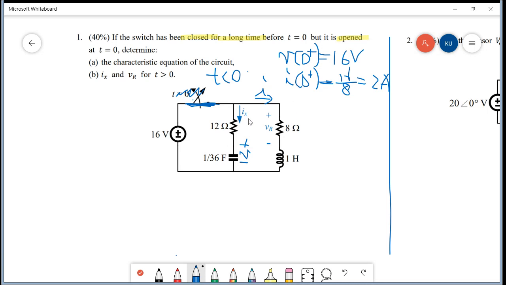So actually this is a second order circuit, so we will also like to find the first derivative for the initial condition.